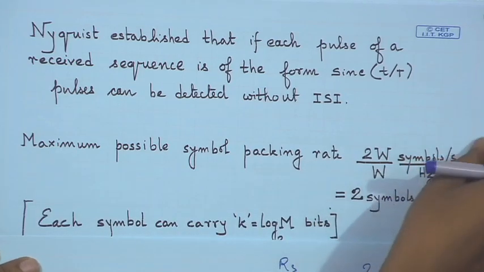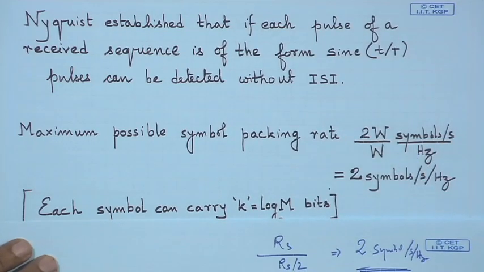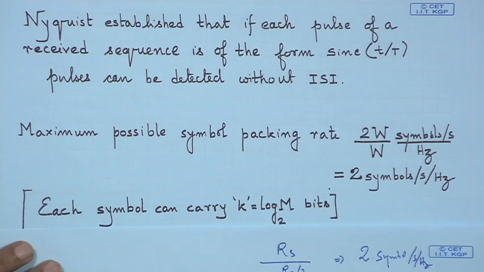Further, if we say that each symbol carries k, which is log base 2 of M bits, because we have talked only about symbols, we have not said anything about the modulation techniques. So, each symbol would carry a few bits. If it is binary PAM, it will carry 1 bit. If it is M-ary PAM, it will carry log base 2 of M bits.